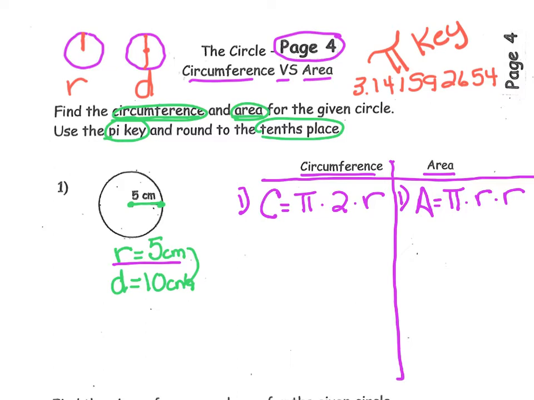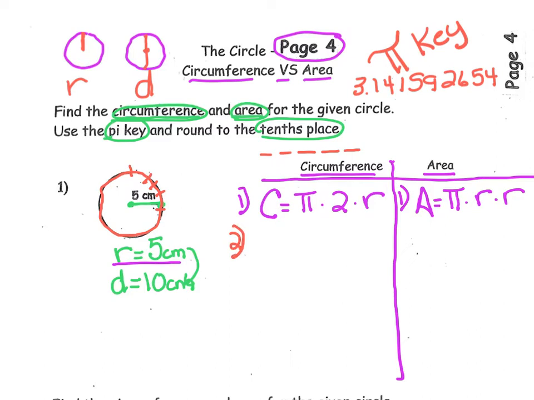Now, let's start with circumference. We're using linear units to measure the distance around the outside of this circle. Remember, circumference is the length around the outside of the circle. And we're going to be measuring this distance in centimeters.